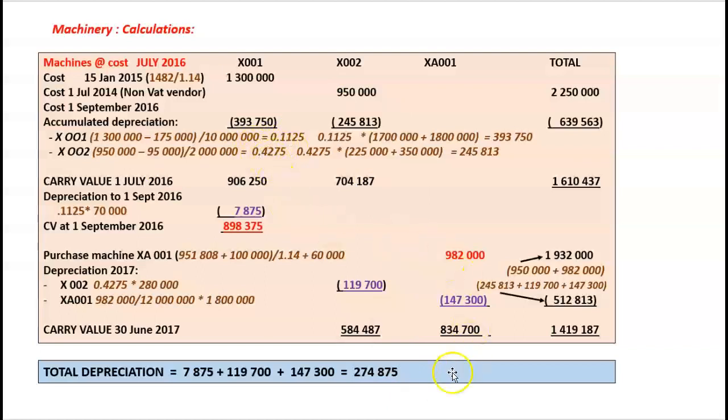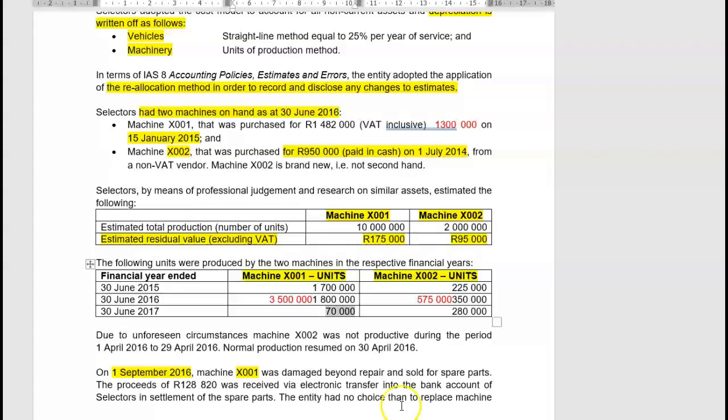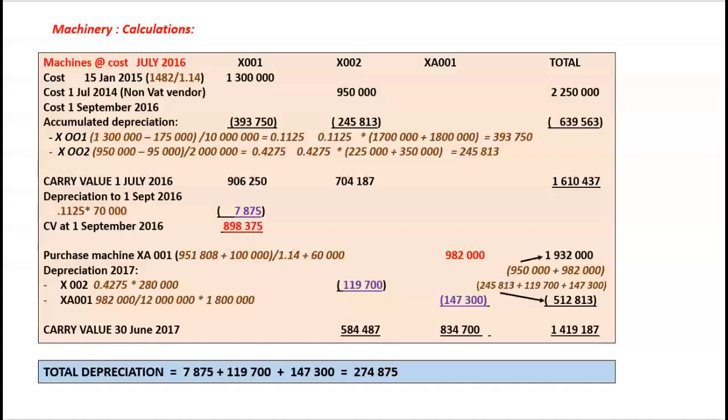So 42.75 cents multiplied by the number of units for the current financial period of 280,000 is going to give us our depreciation on X002. That is 0.4275 multiplied by 280,000, 119,700. And that is then the depreciation on X002, and we can work out the carry value of X002 at the end of the year and the carry value of the new machine at the end of the year.